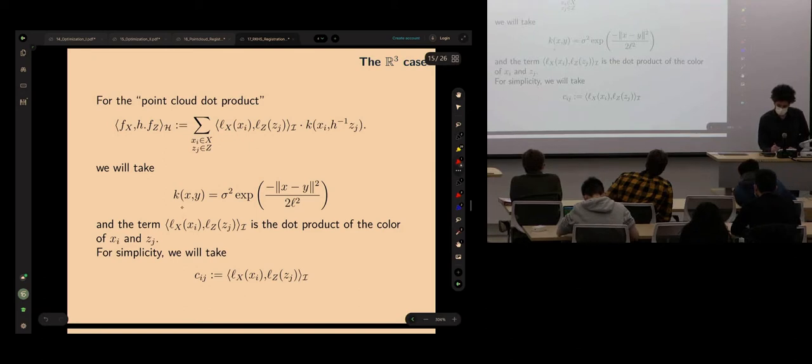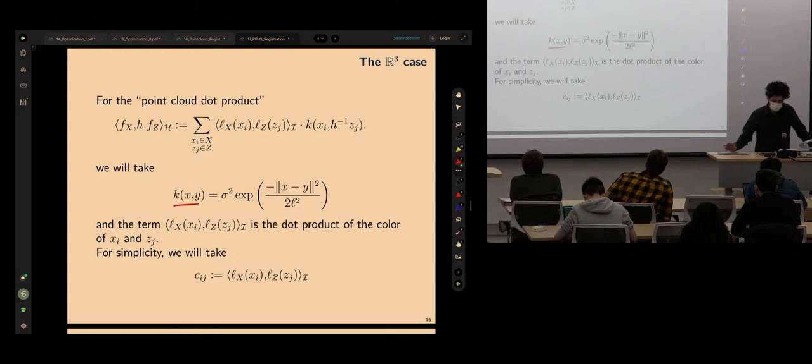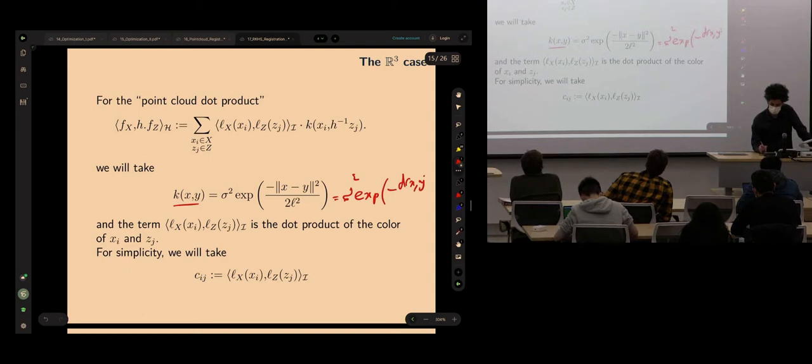My kernel will be this Gaussian kernel. Some positive coefficient, called the signal variance, times the exponential of some distance of x and y divided by some length scale.